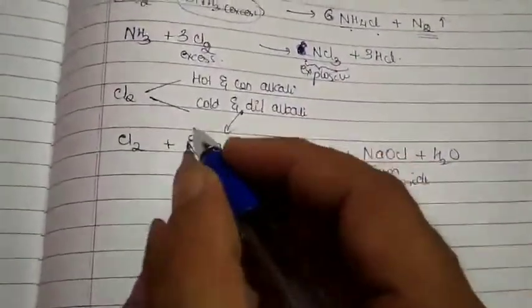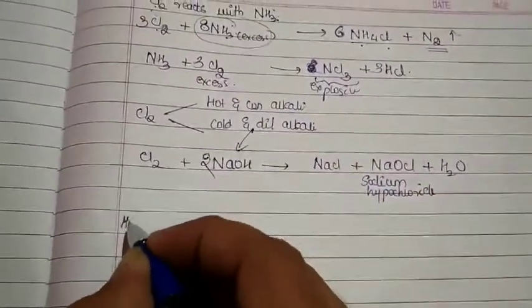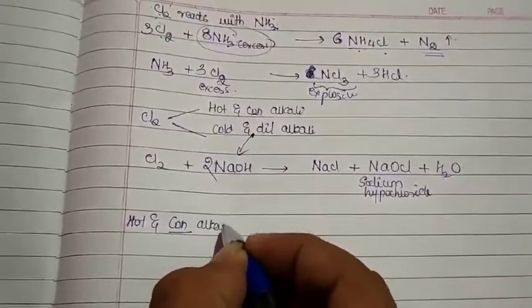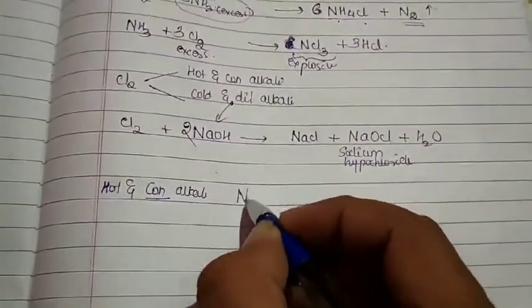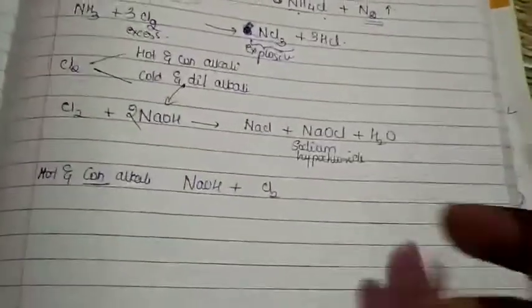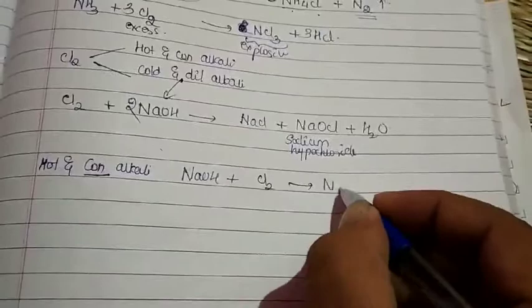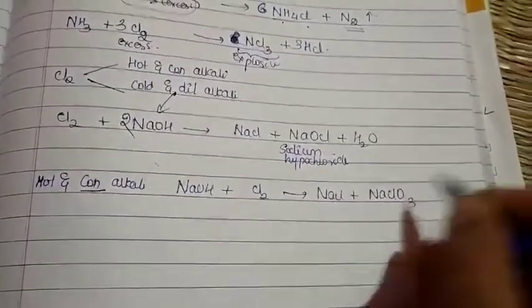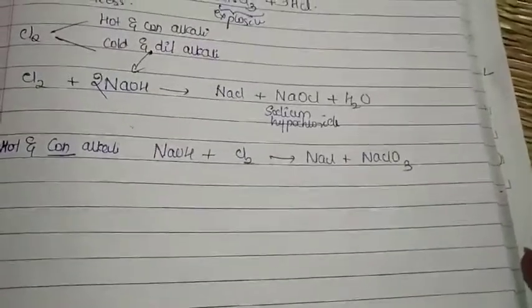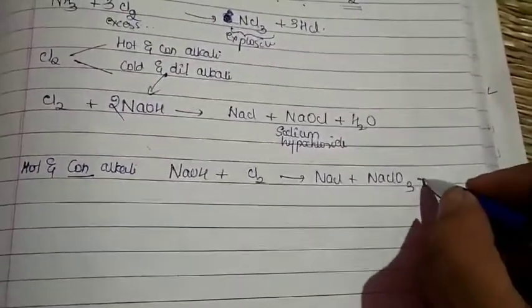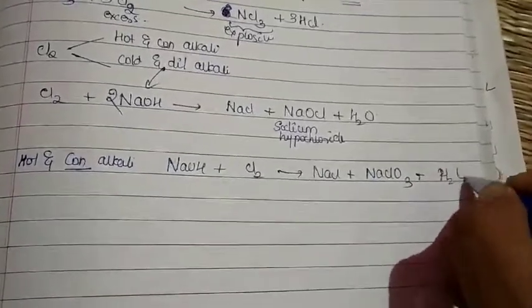Similarly, when I treat with hot and concentrated alkali, we treat NaOH plus Cl2 to give NaCl plus NaClO3, which is your chlorate, plus water, H2O.